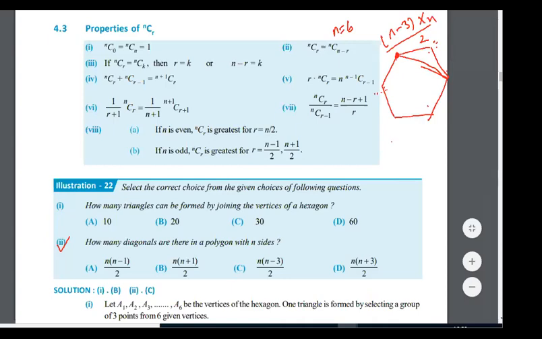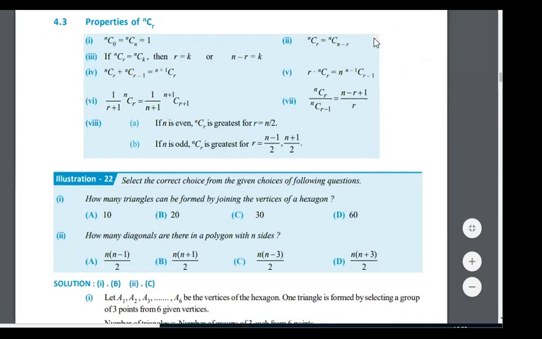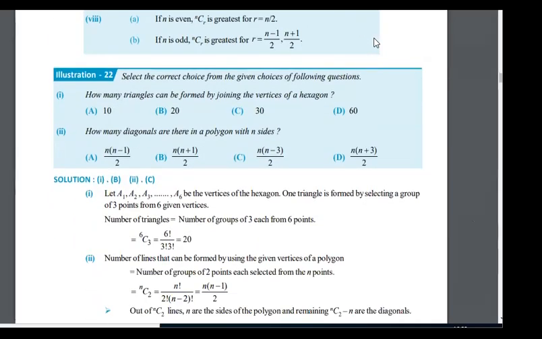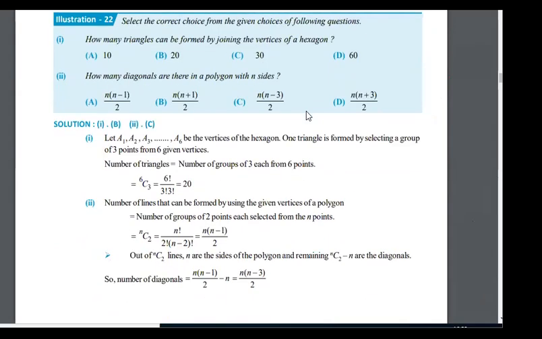This is the fundamental principle of counting. You don't even have to use combination, right? You just have to think. If you have to choose, you can use it like this.